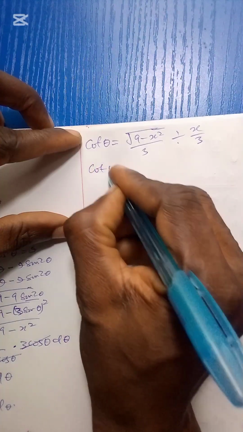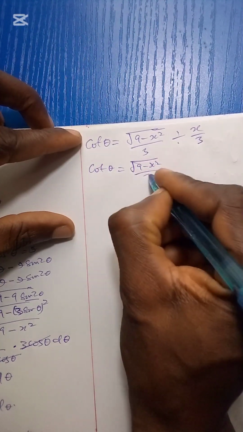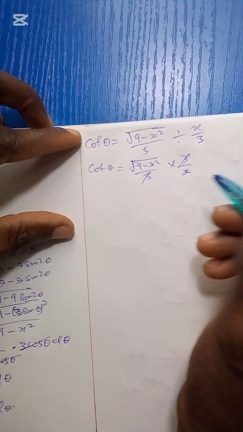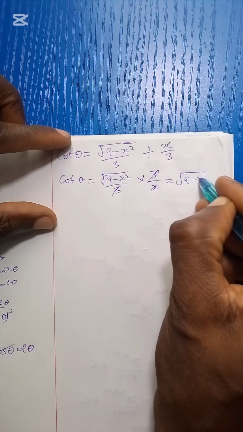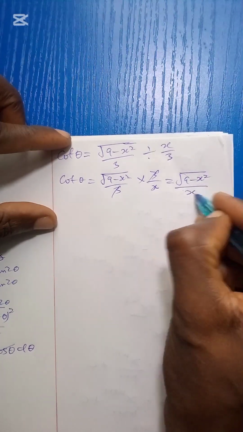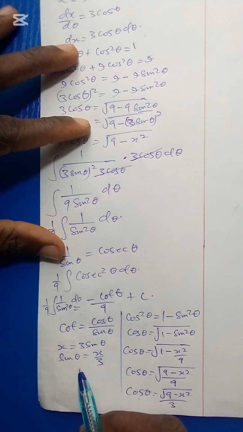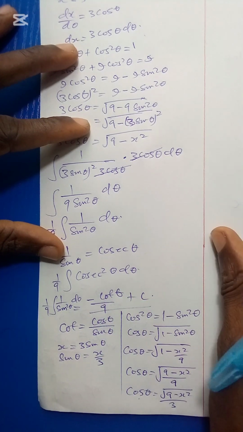So cot theta equals square root of 9 minus x squared over 3 times 3 over x. This and this will cancel out, giving us the square root of 9 minus x squared over x. Now finally, the solution to that problem is this, and I'm going to substitute this.